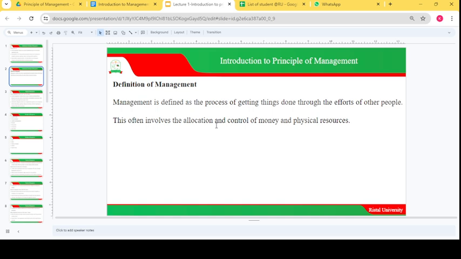In the world of business, it revolves around achieving goals and objectives, but we can do this when we use the principles of management to enable the organization to turn an aspiration into reality.